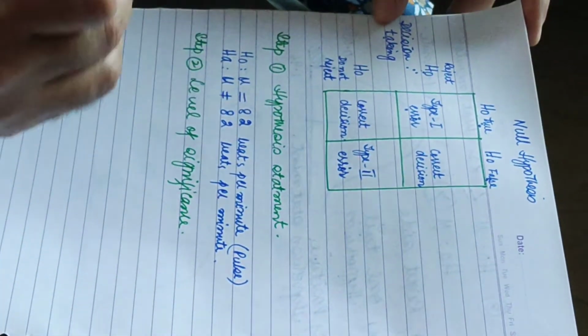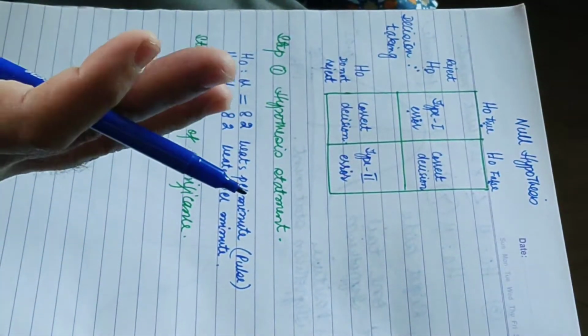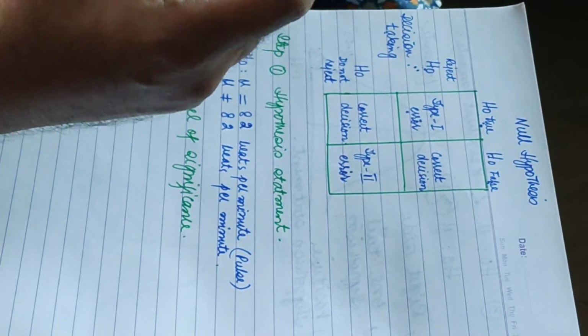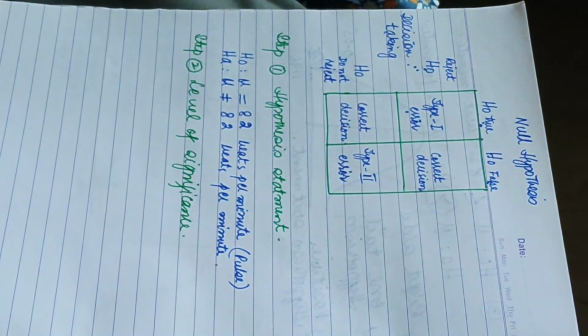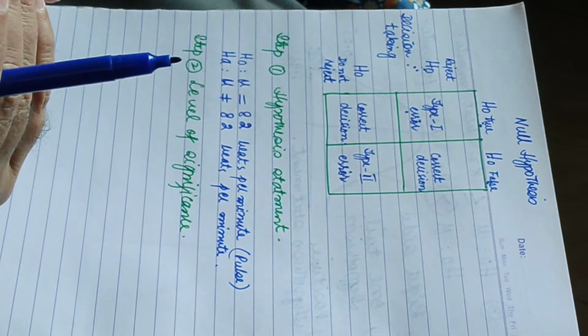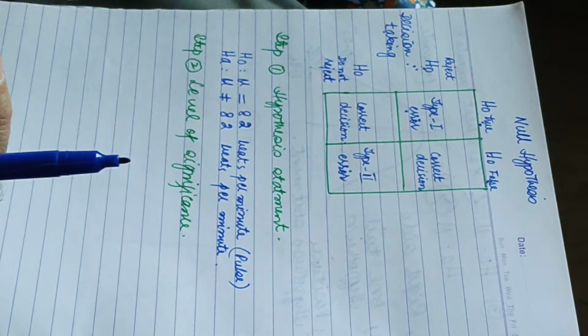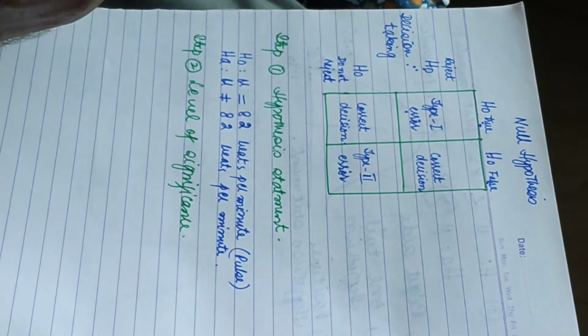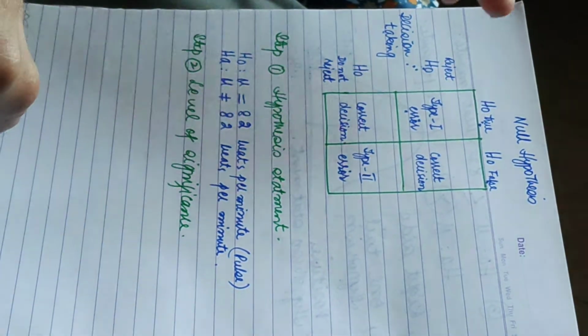In the first lecture of hypothesis testing, we learned that there are two types of hypothesis: one is called the null hypothesis and the second is called the alternate hypothesis.